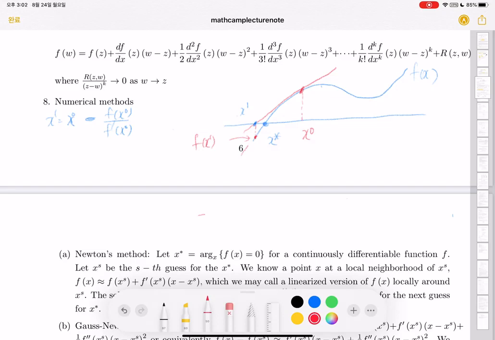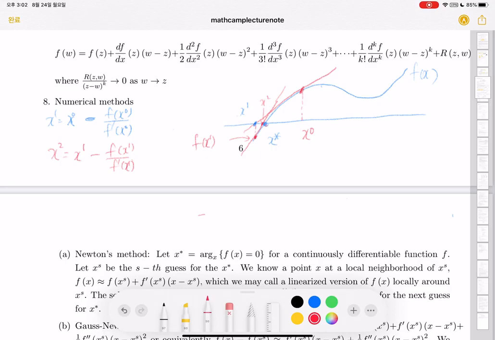Find a line that is tangent at this point, solve the line, and call this point x2. So your x2 is x1 minus f of x1 over f prime of x1. As you can see, the next one, x2, is closer to x star.